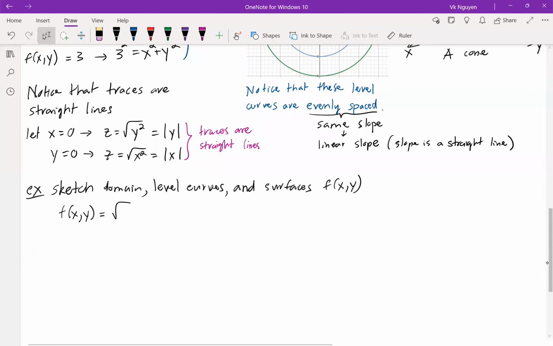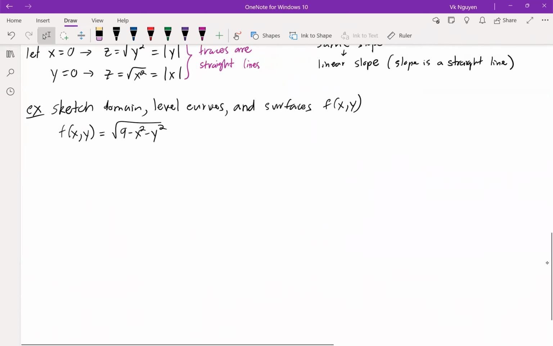Okay, f(x, y) equal the square root of 9 minus x squared minus y squared. For this one, we can find the domain because of the square root. So the domain is going to be the set of values (x, y) so that the square root has to be defined, meaning that 9 minus x squared minus y squared has to be greater than or equal to 0 for the function to be well defined.